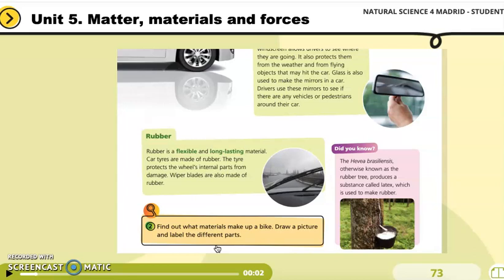So think about the handles, the tire. Inside the tire, we have little pieces, which are called spokes. Think about the seat, the brakes, maybe the bell.